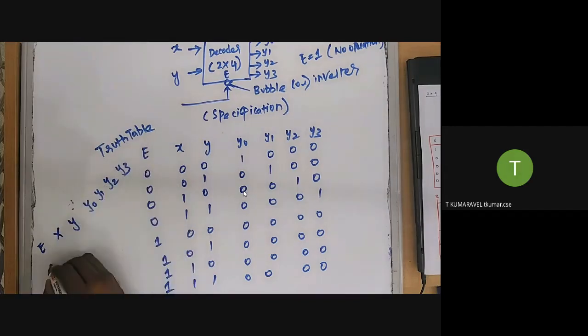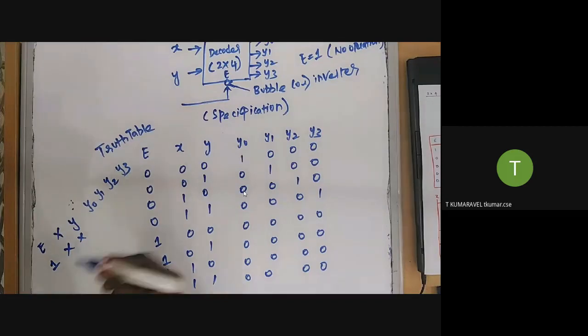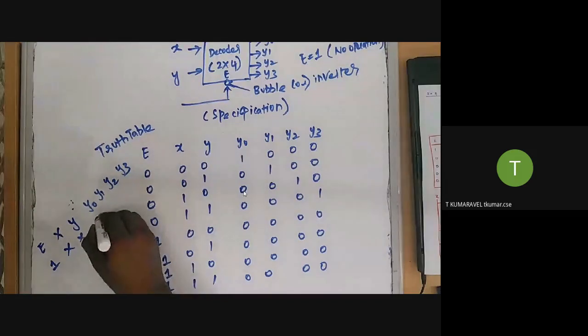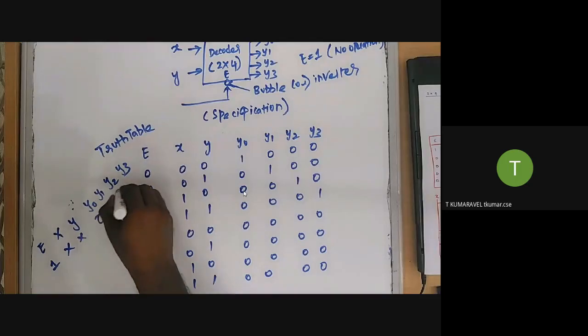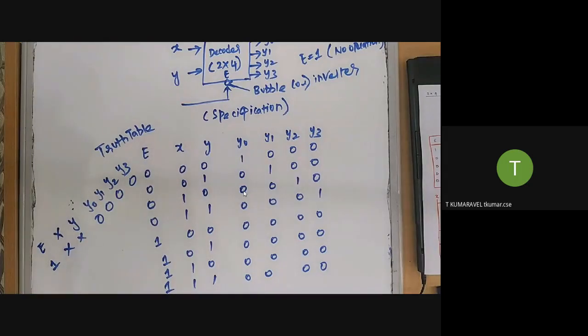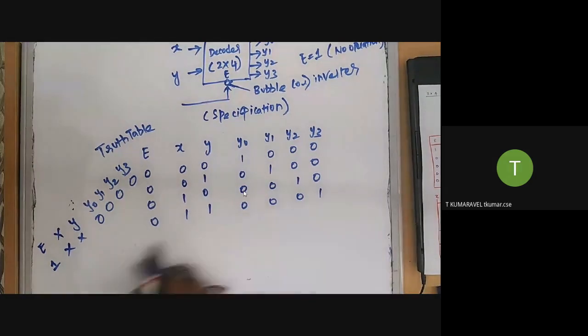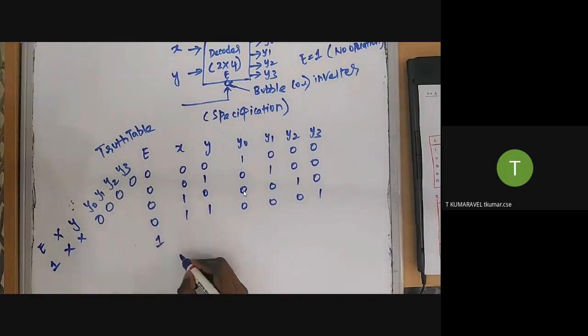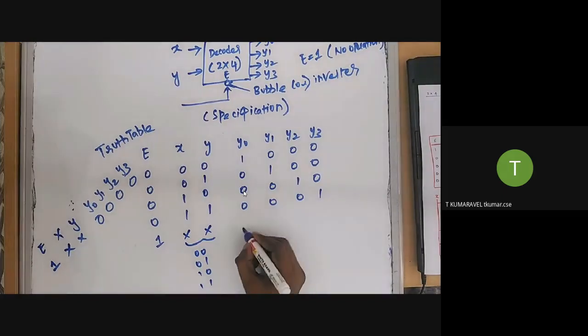Suppose your enable value equals 1, then whatever the input combination may be, that is called a don't care condition. Whatever it may be, 0 0, 0 1, 1 0, 1 1, the output does not enable any output component.